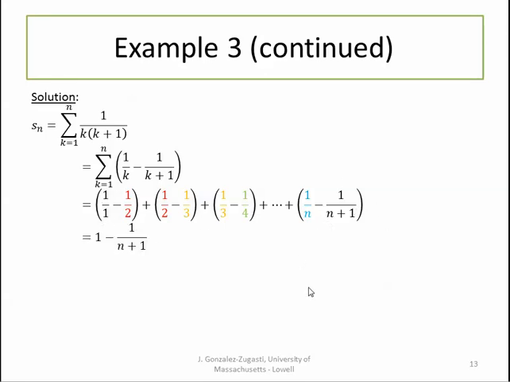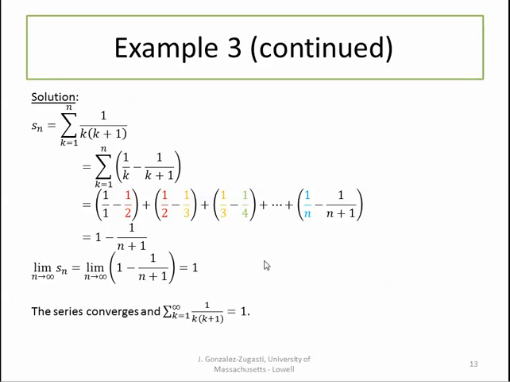So we get that our nth partial sum is equal to 1 minus 1 over n plus 1. If we look at the limit as n goes to infinity of our partial sums, we'll see that it's equal to 1. So that tells us that our series converges and the sum of the series is equal to 1.